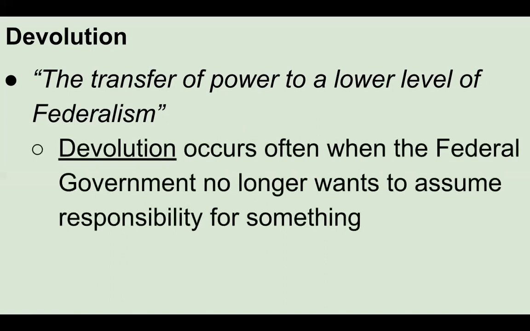But essentially, devolution occurs most often when the federal government no longer wants to assume responsibility for something. This could be ideological, right? It could be because the president and or Congress thinks that whatever topic is relevant here should not be a federal issue. It should be a state issue.